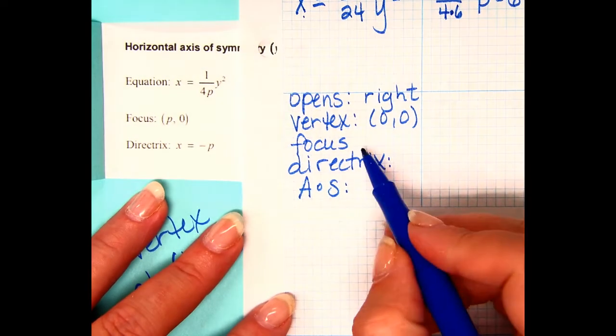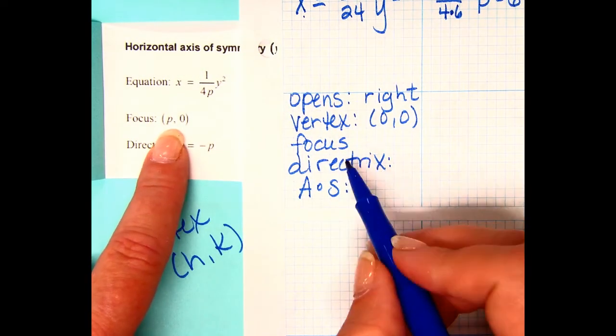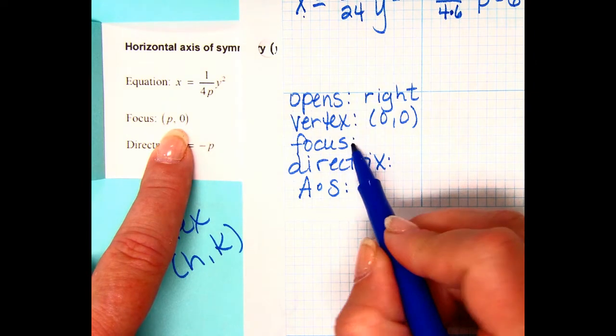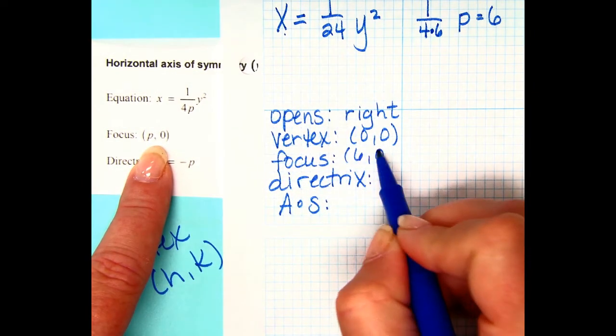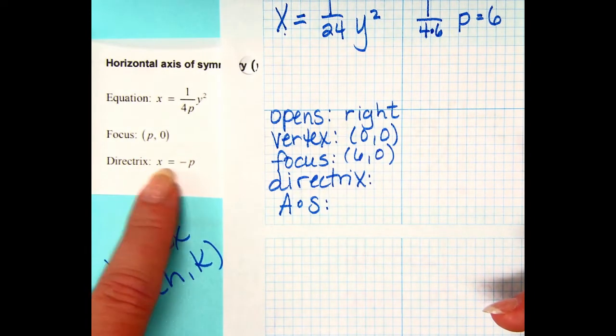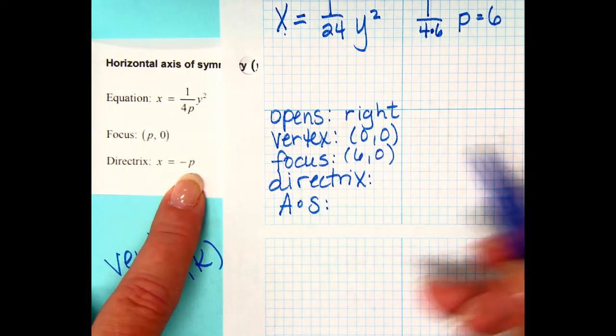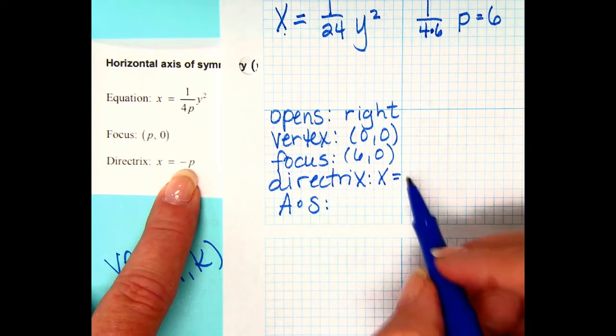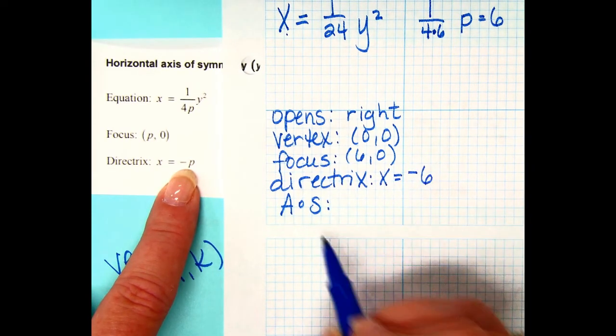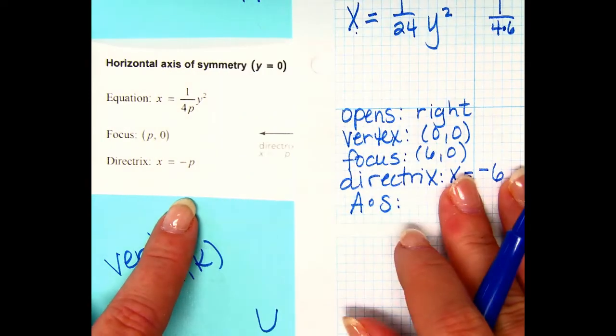Okay, where's the focus? P, 0. Well, what did we say P was? 6, so 6, 0. What's the directrix? X equals negative P, and we said P was 6, so negative 6. And where's the axis of symmetry?